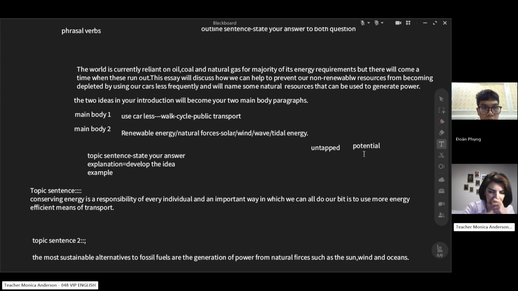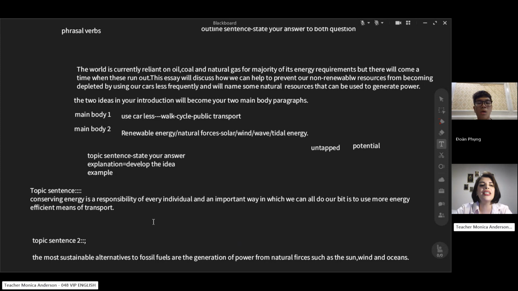Untapped means unused. Potential is something like possibility. So they are unused possibilities to provide for our energy needs in the future. We can use them in the future.